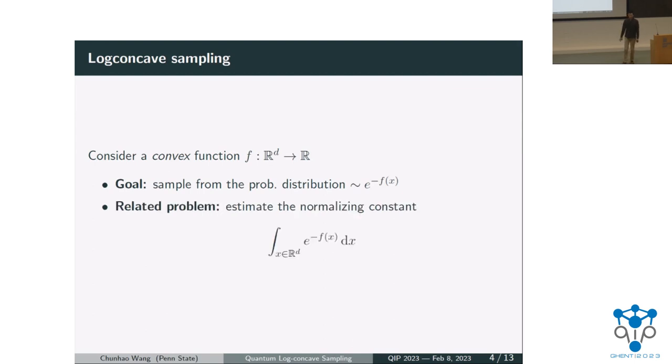There's also a closely related problem, which is to estimate the normalizing constant for this distribution, which is defined by this integral. So why do we care about these problems? Because they have many applications in machine learning, optimization, statistics, and physics. I'm not going to talk about the applications, but about the methodologies to do the sampling and the estimation.